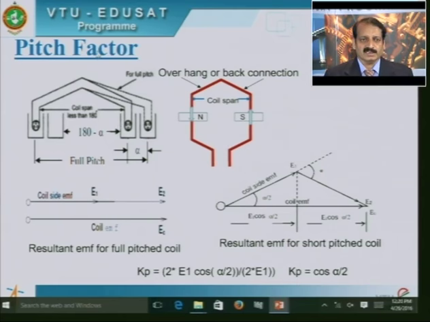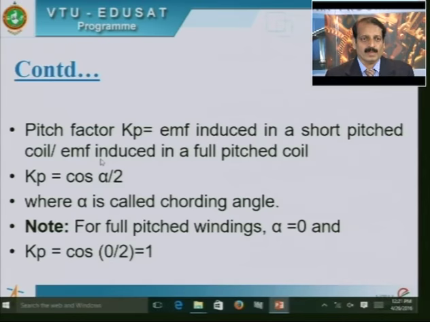Pitch factor is again defined as the vector sum of the EMFs of the two coil sides to the arithmetic sum of the EMFs of the two coil sides. So if the coils are short pitched, the induced EMF is reduced by a factor of cos alpha by 2, where alpha is the short pitch angle.